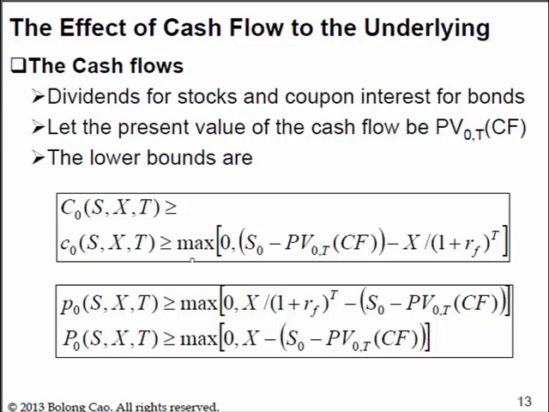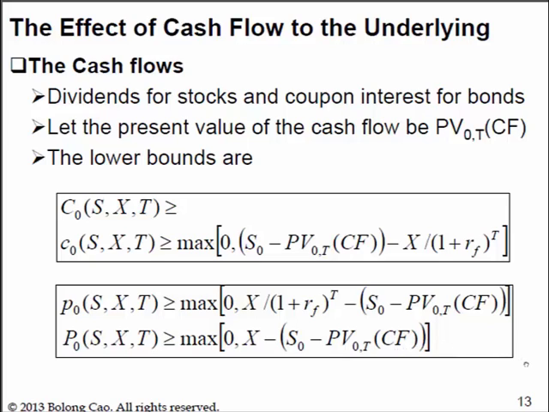And this lower bound here becomes the max between 0 and the tailed per share price minus the present value of the strike. For European put, the lower bound is the max between 0 and the difference between the discounted strike price and the tailed per share price at time capital T. For American put, the lower bound becomes the maximum between 0 and the strike minus the tailed per share price.